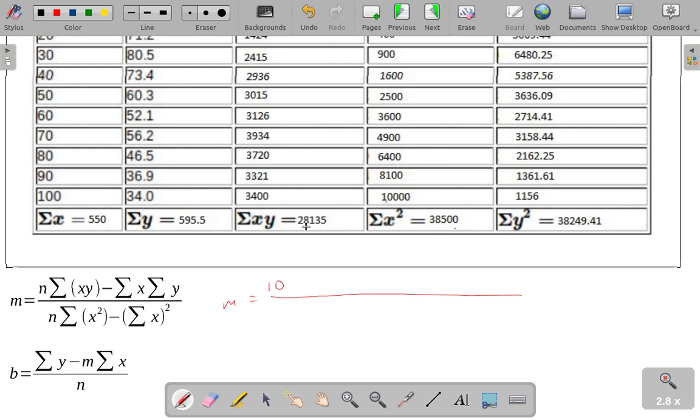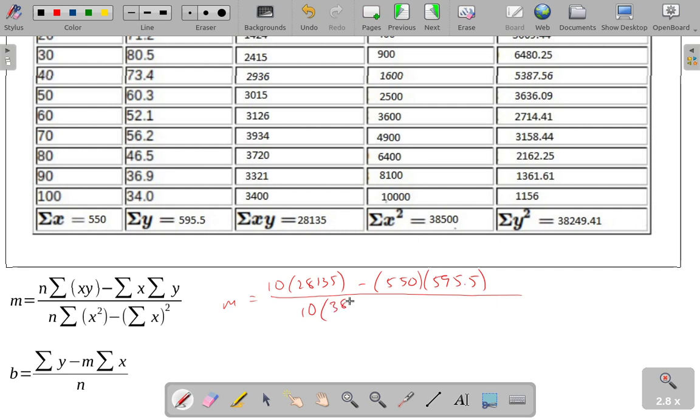Let's see, M equals sigma xy, that's this value right here, 28135, minus the sum of all my x's, which is 550, times the sum of all my y's, which was 595.5, divided by 10 times the sum of all my x squared values. The sum of my x squareds is right here.